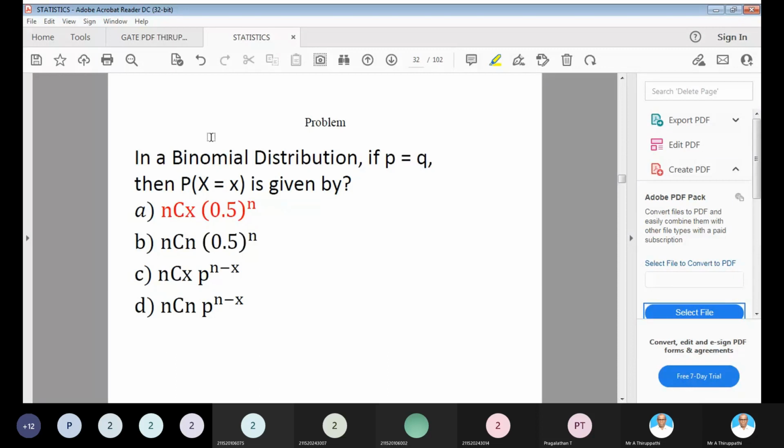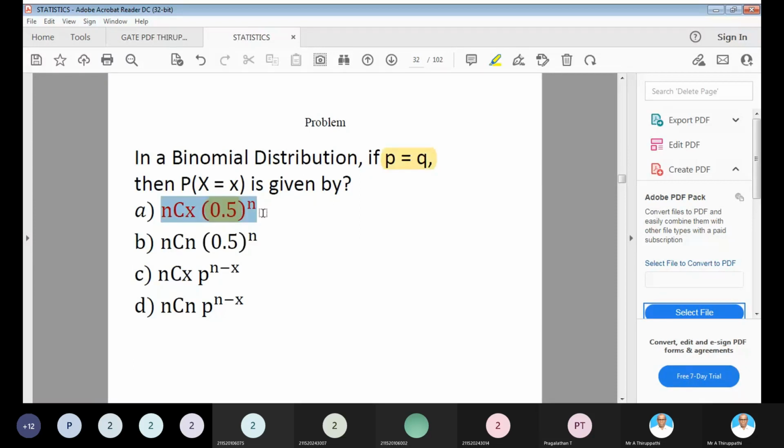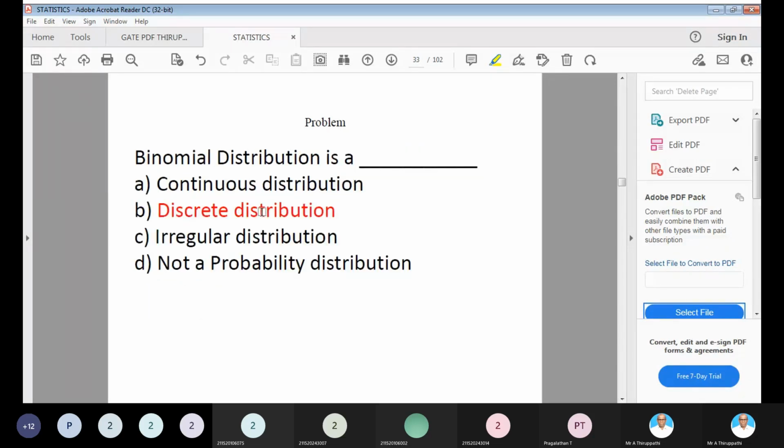Here P and Q are equal, so the base is common. x plus n minus x, the x and minus x cancel, we get n. So NCX, P power n. Here what is the P value? P and Q are equal, so it is 0.5. NCX, 0.5 to the power n.